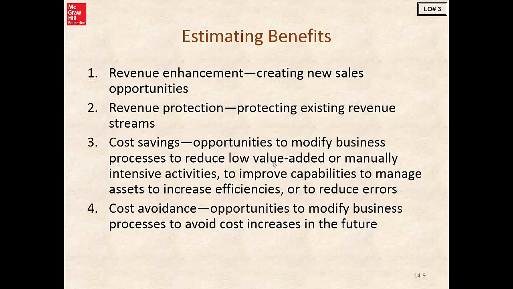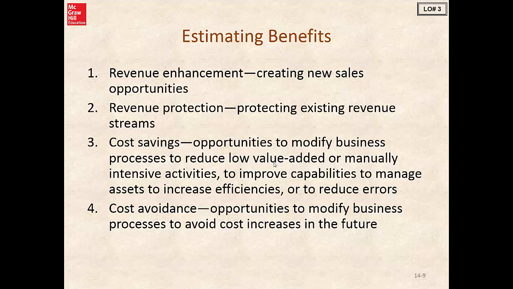Estimating benefits: revenue enhancement, creating new sales opportunities. Revenue protection is for protecting existing revenue streams. Cost savings are opportunities to modify business processes to reduce low value added or manually intensive activities, right? We don't want to perform low value added or manually intensive activities.